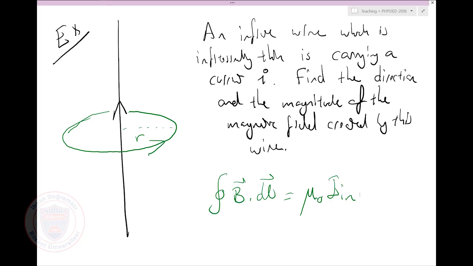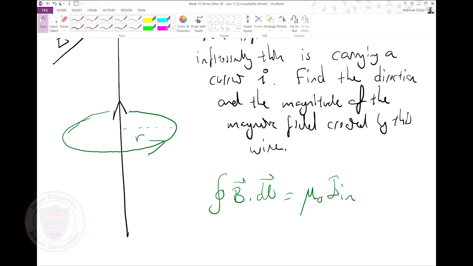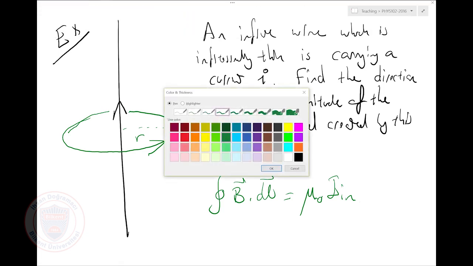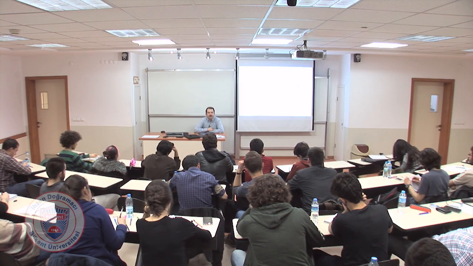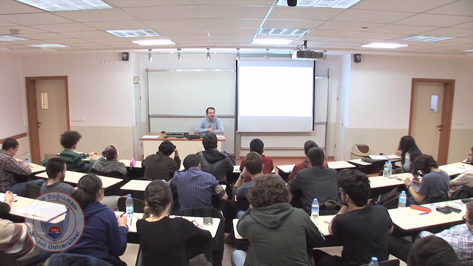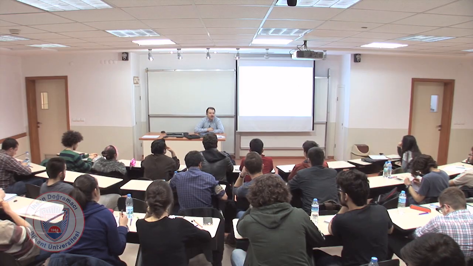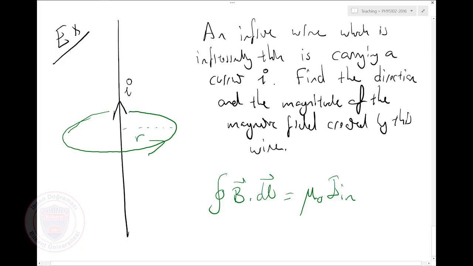The total amount of current carried by the wire is I. Is it being carried in the correct sense? Yes, my loop is going around the wire, and it's actually in the same direction as the current. So I in apparently is just I.